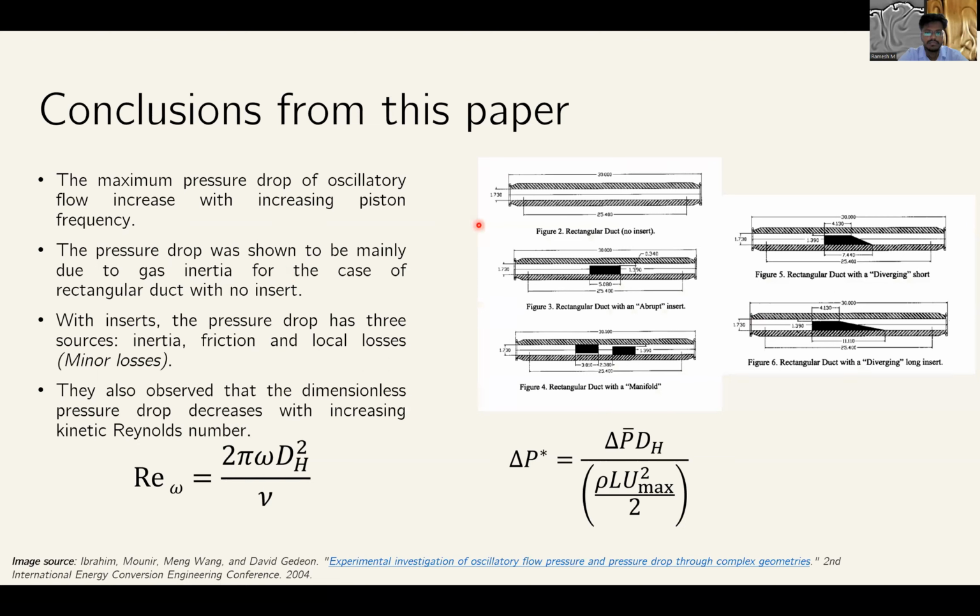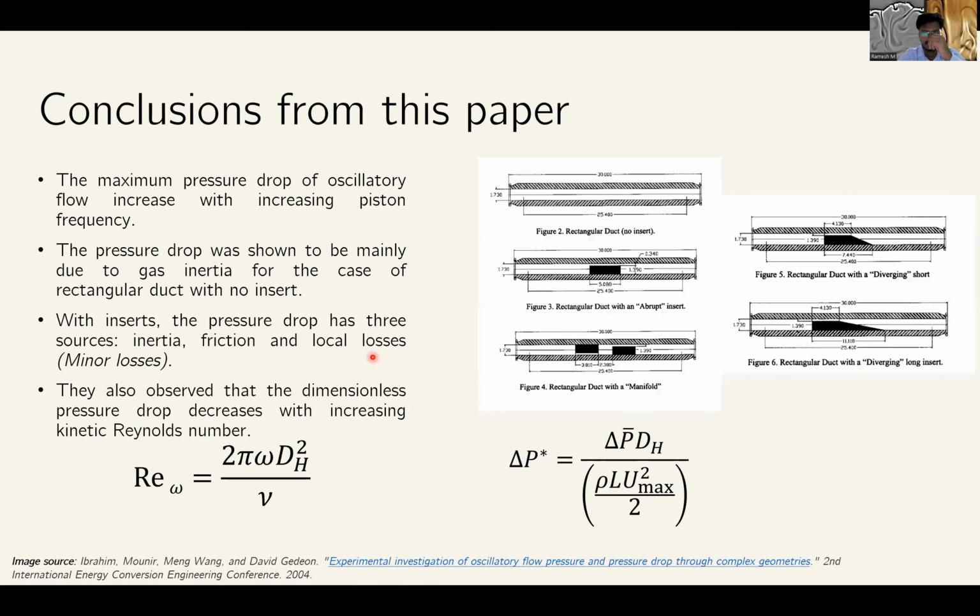The physical phenomenon they found is that the pressure drop is mainly due to the gas inertia when there are no obstructions, like no regenerators, so there is no obstruction between the pistons. When there are obstructions, the pressure drop is mainly due to three losses: inertia, frictional, and local losses.